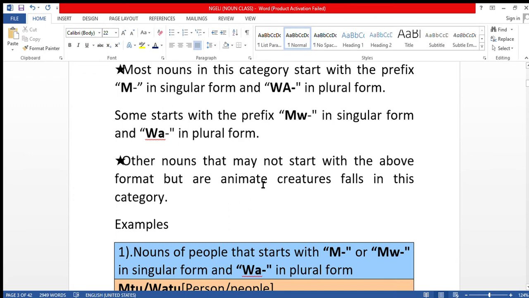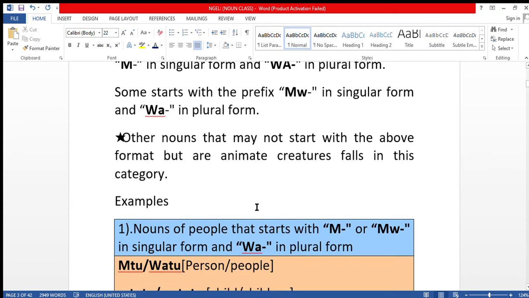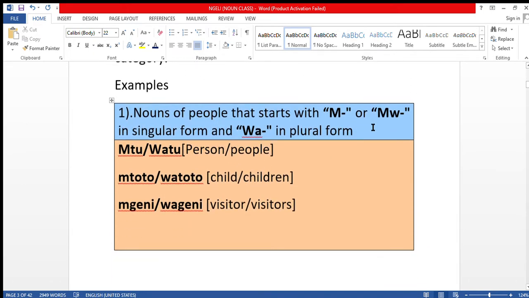Other nouns that may not start with the above format but are animate creatures fall into this category. Here we have examples of nouns of people that start with M or MW in singular form and WA in plural form, so they fall in this category of mua or awa.